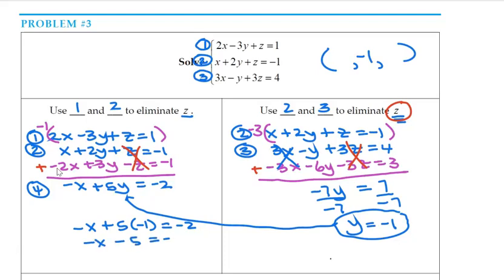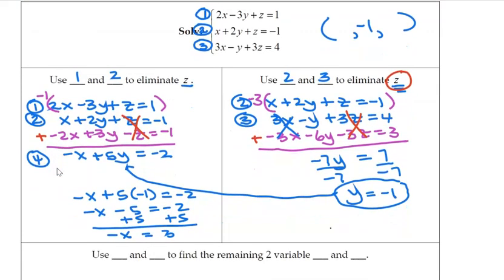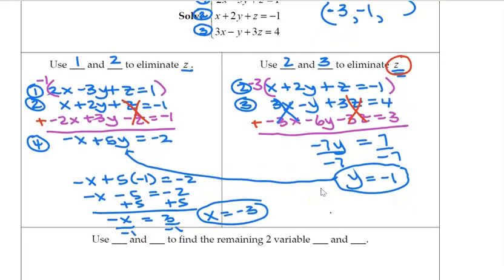Now I need to add the 5 over. So I got -x equals 3. And when I divide by -1, I get x equals -3. Okay, so there's the second part. So let's put that up here. All right, so now we have answers to 2 of them.